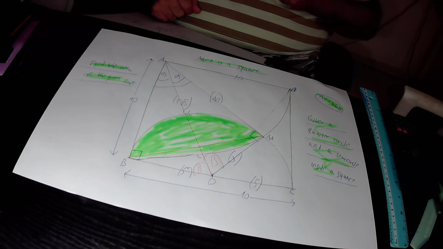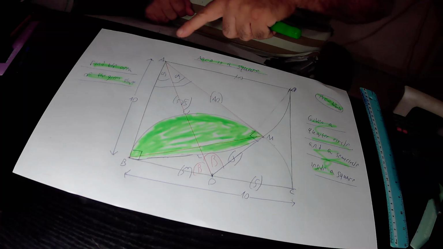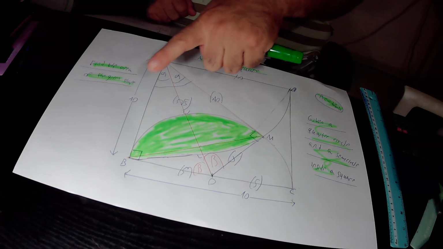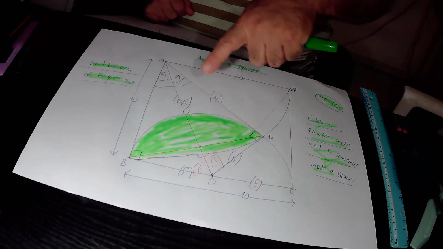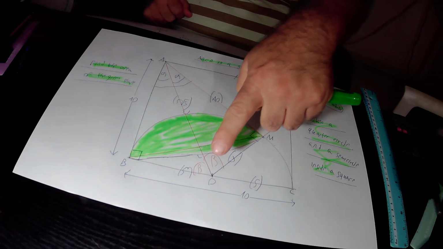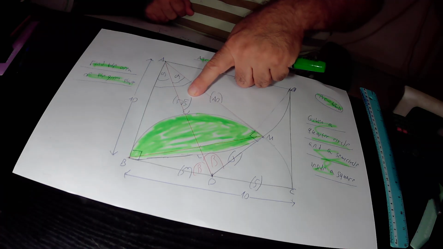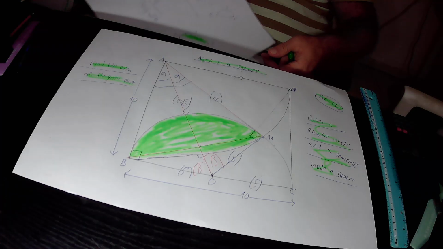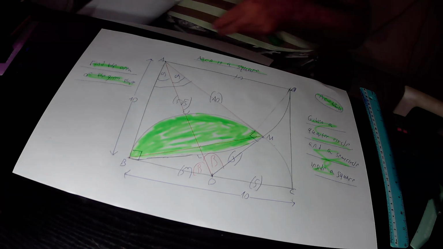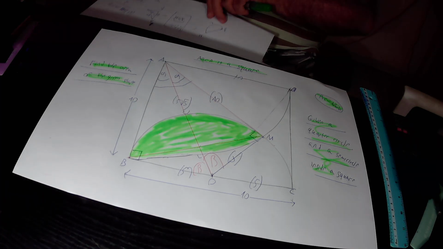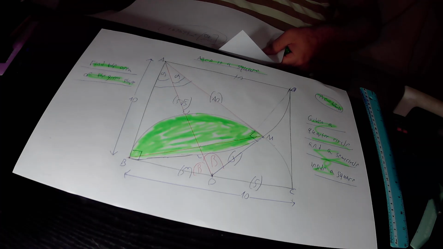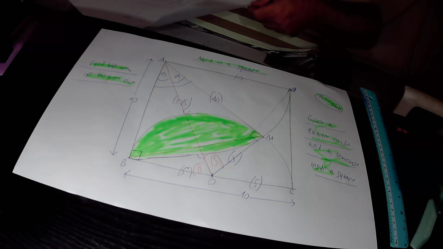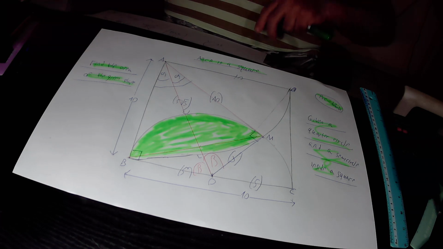In the next step, let's focus on the right triangle ABO. In the right triangle ABO, sine alpha equals BO over AO. So sine alpha equals 5 over 5 times square root of 5.